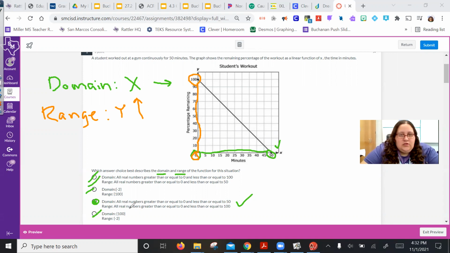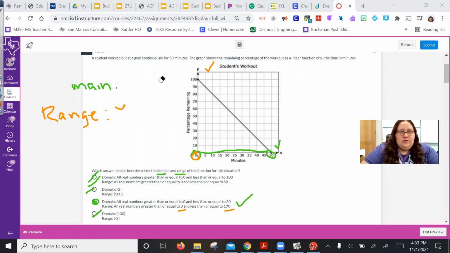And this one says the range is all real numbers greater than or equal to 0, less than or equal to 100. So that one also checks out. So use the process of elimination. For that one, I could have just looked at my domain only and found that answer choice. So go ahead and please mark that answer choice on your test. And if you have any questions about it, please make sure you just ask, and I can always help you with domain and range problems.